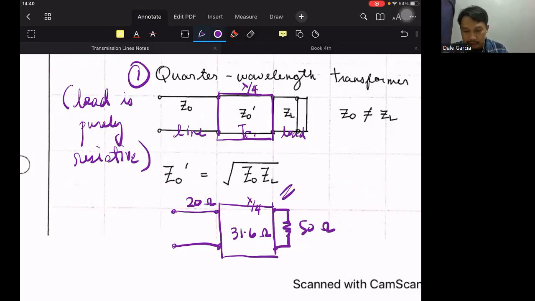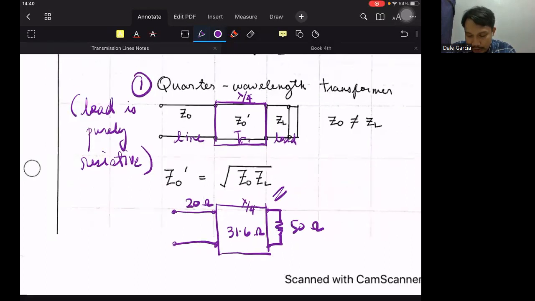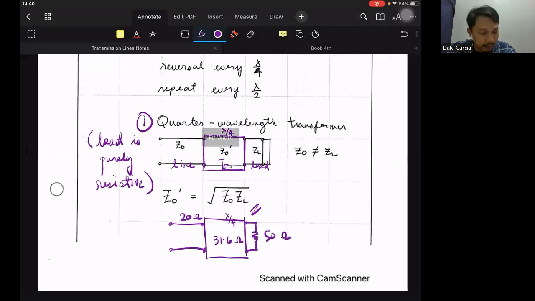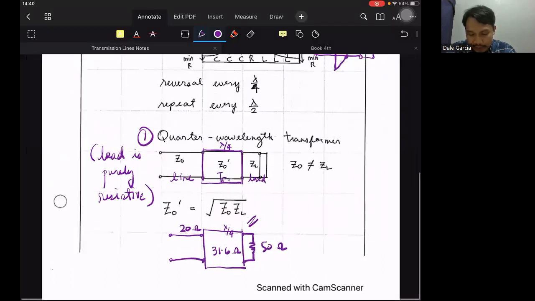Even though the solution is simplistic, we just insert a piece of transmission line anywhere along the span of the line. But determining how long the matching stub is and where to place it involves the Smith chart, which is a very, very complex process. We cannot cover it this afternoon. It takes a long time.